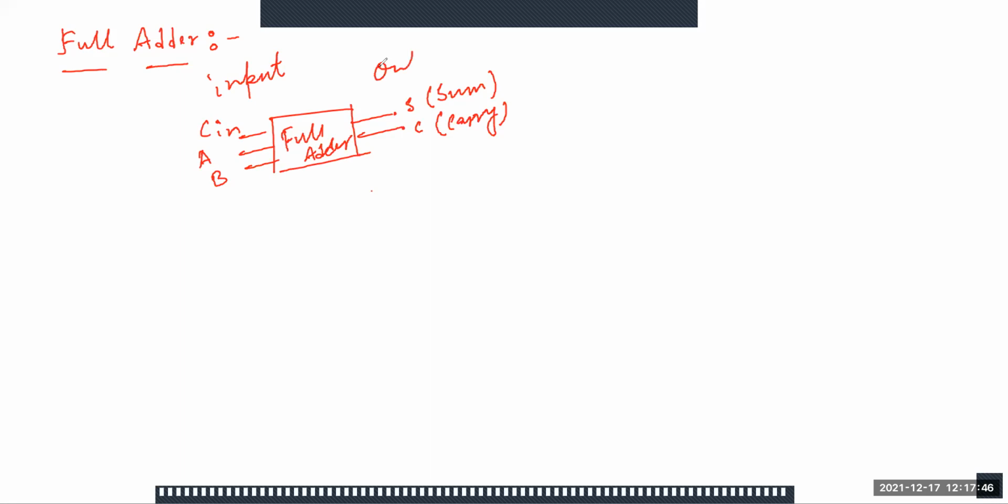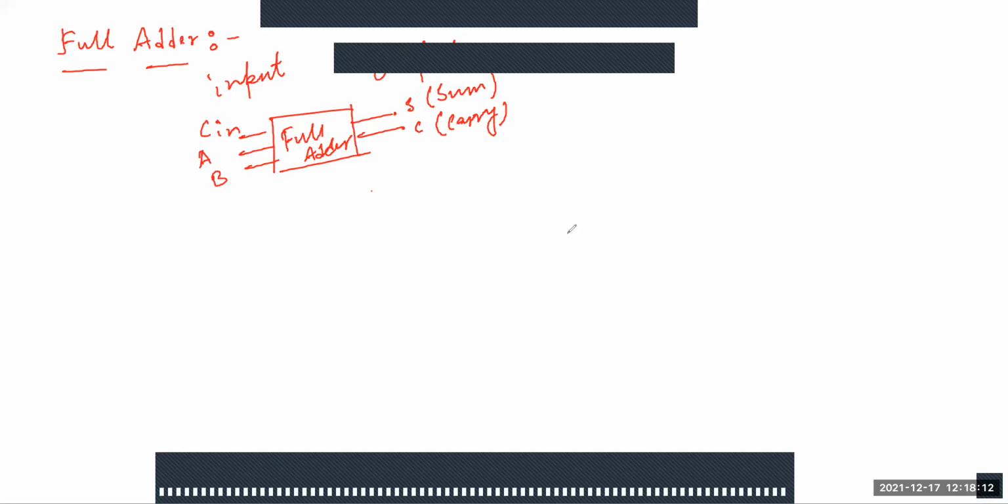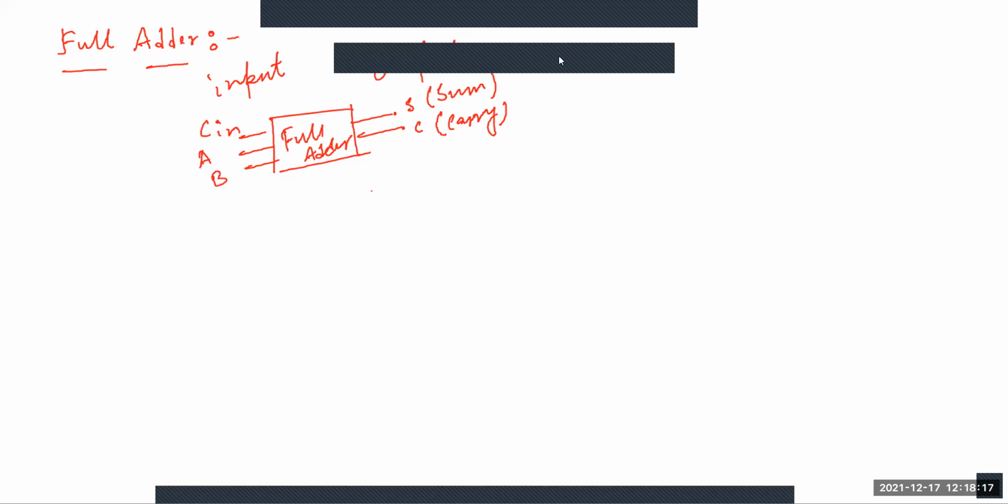These are the outputs. Now the inputs here are 3 and the outputs are 2. In the last class, for the half adder, we denoted the two variables as A and B, and here you can see this is C in.